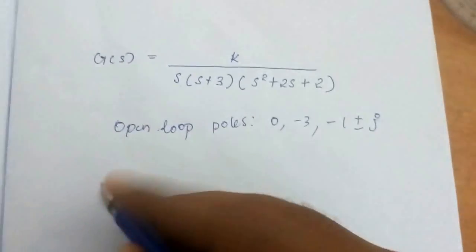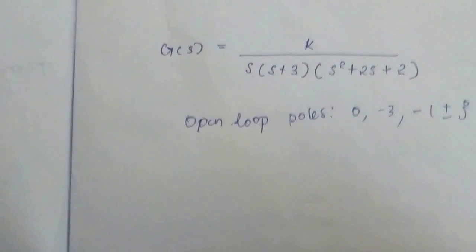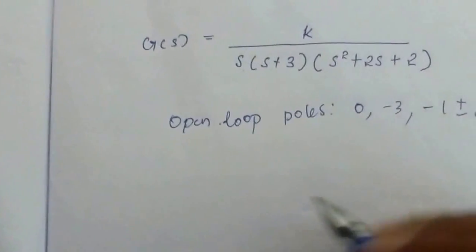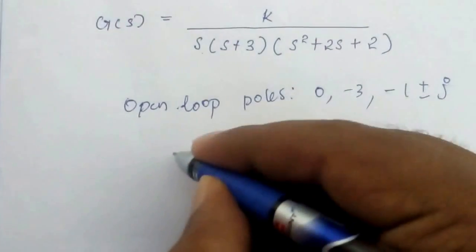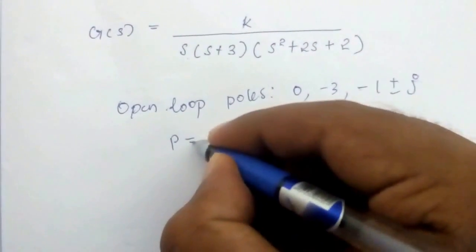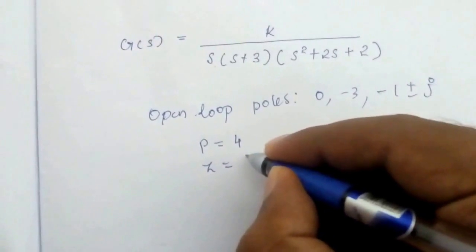The next step is to find the number of branches of this root locus. Now we have the number of poles equal to 4 and the number of zeros equal to 0.